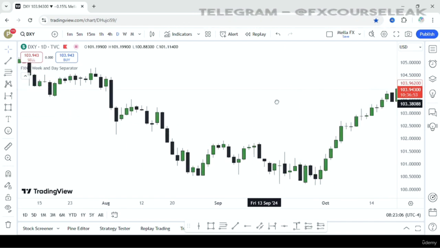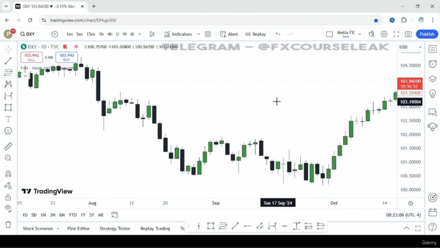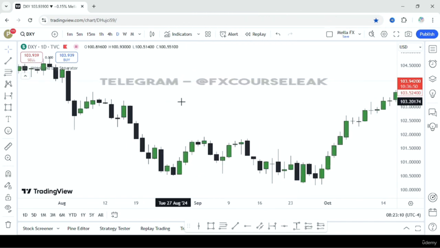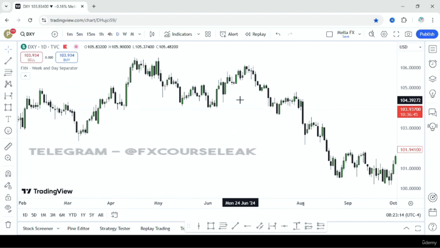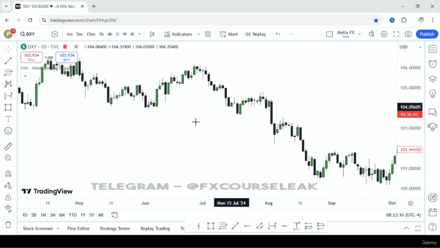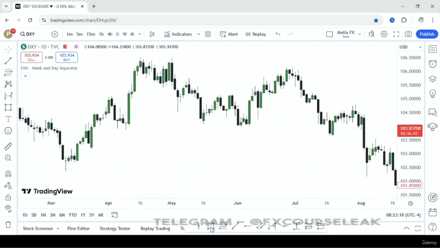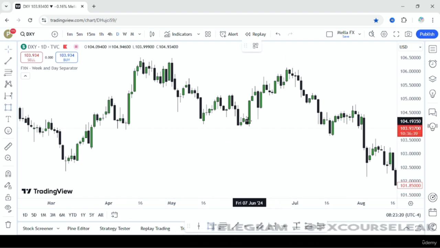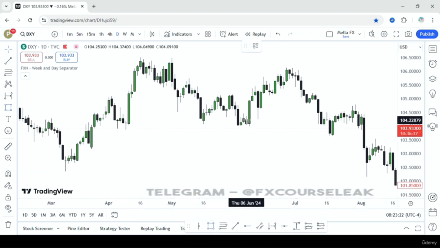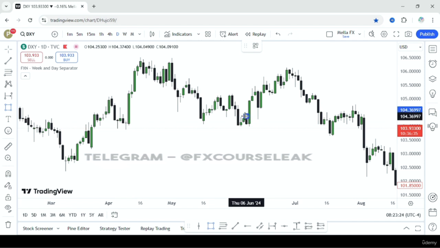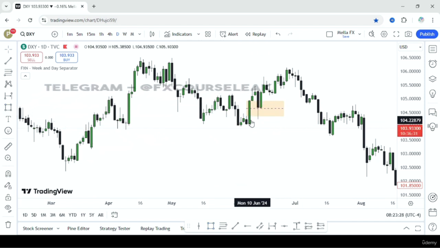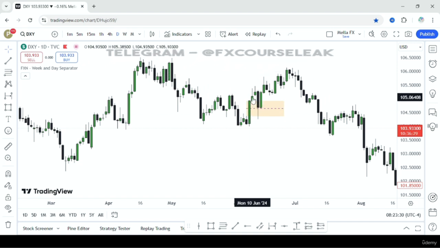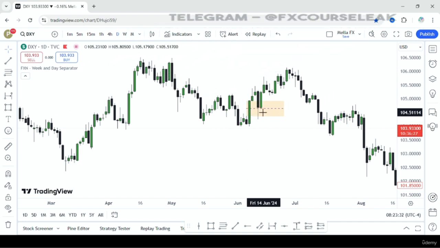So we have this example here. We have this down close candle, then the next one, we moved further away, then we formed a fair value gap.